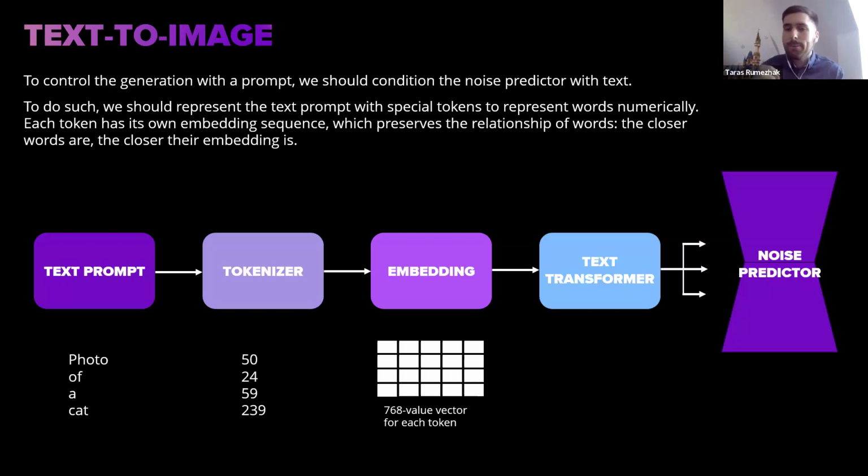So the noise predictor actually learns on the original image plus this vector from the text transformer. And here there are different options that you can use, like T5, CLIP, or some other embeddings. But the idea is that the noise predictor should get the vector representation of the original text prompt in order to proceed normally with the image generation.